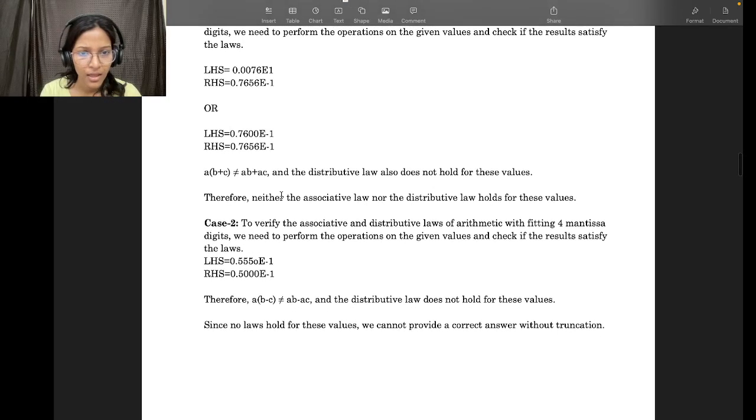So both the values are not equal, so it does not follow the distributive law. Neither will the given values follow the associative law.